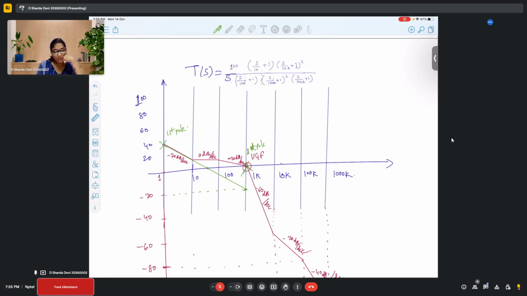So when that is the case, things will change slightly, because accordingly we'll have a different unity gain frequency for all of those cases. Other than that, you can directly compute your unity gain frequency from the Bode plot itself.